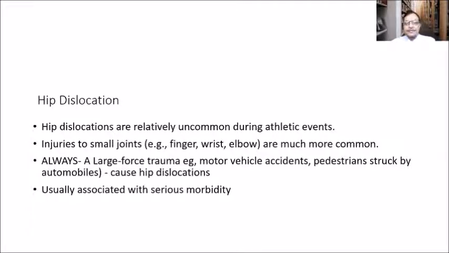It usually comes from the motor vehicle accident that we'll be seeing in subsequent slides. And usually it is associated with a very serious morbidity unless it is taken care of very carefully in the first hour itself.